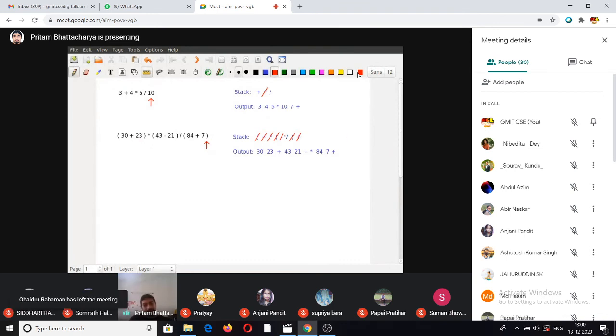And then finally, I've reached the end of input, but there is one operator on the top of the stack, that is the division. And I just again pop it from the stack, send it to the output. So this is how the infix to postfix expression conversion works.